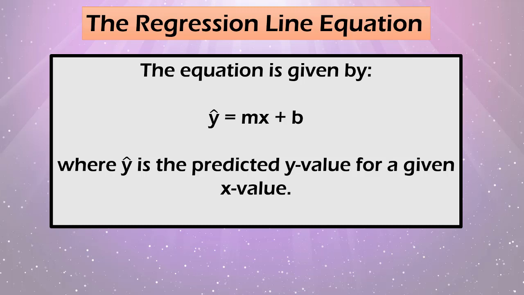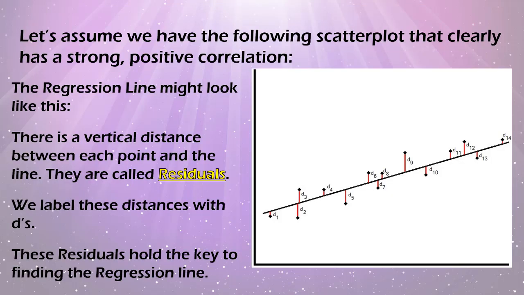Let's go back and look at the graph we had that showed the residuals. On this graph, you can see that we have all 14 points, and the regression line runs through the middle of those. The y values are going to be the y coordinates of the actual points.